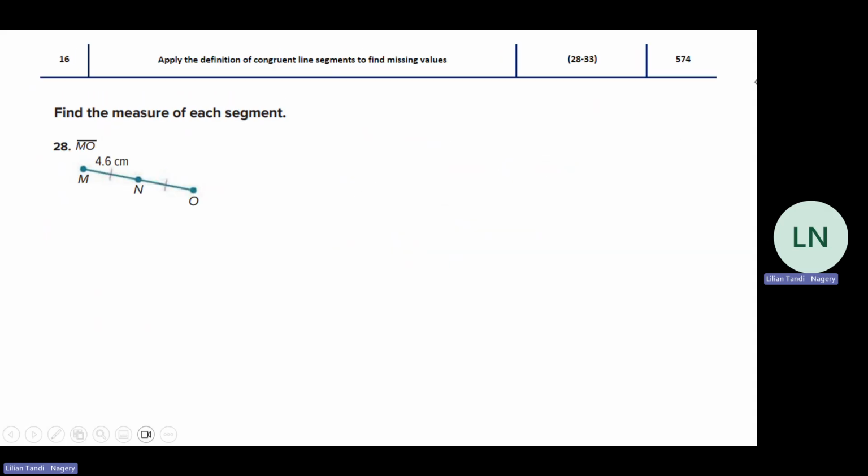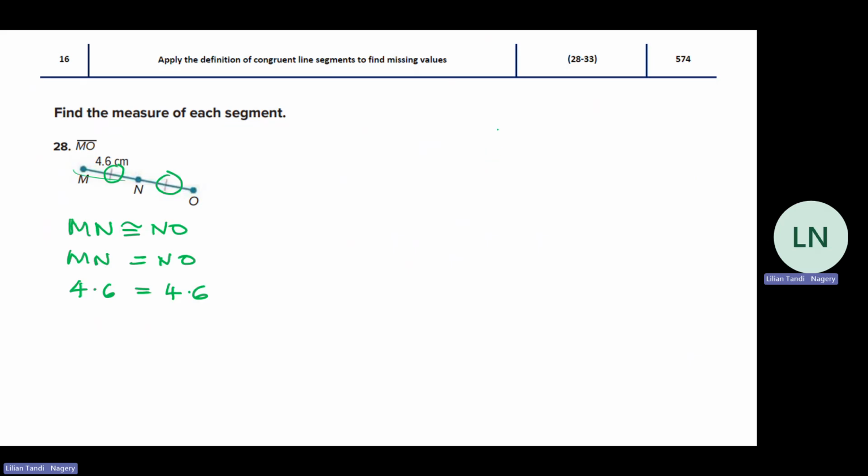Okay? Here, what do I notice? I notice that I have two congruent parts. MN is congruent to NO. So I start there. MN is congruent to NO, which means MN is equal to NO. And if MN is 4 6/10, NO should also be 4 6/10.